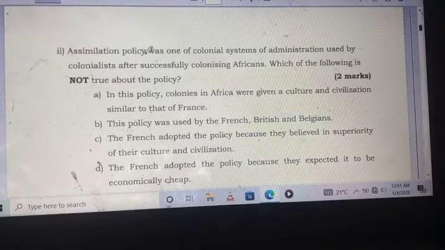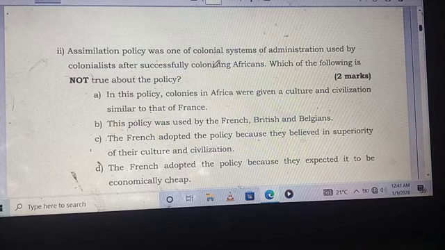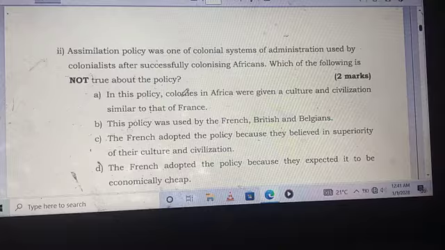I2. Assimilation policy was a colonial system of administration used by colonialists after successfully colonizing Africans. Which of the following is not true about the policy?